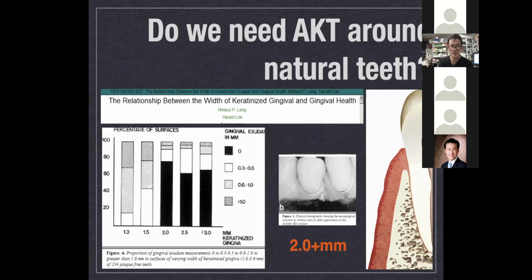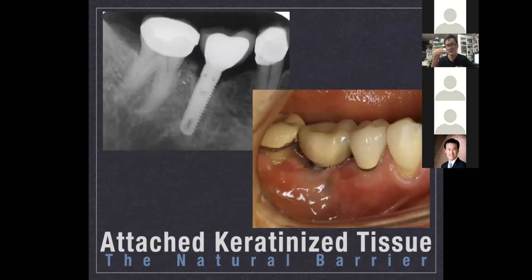If you have 2.0, 2.5, 3.0, you're in the safe zone. If you had 1.0 or 1.5 millimeters of attached keratinized gingiva, then even under health, even for young Scandinavian dental students, there was gingival exudate, meaning there was inflammation. Inflammation forms around lack of keratinized areas in natural teeth. So all of these things I'm talking about are relevant for dental implants.